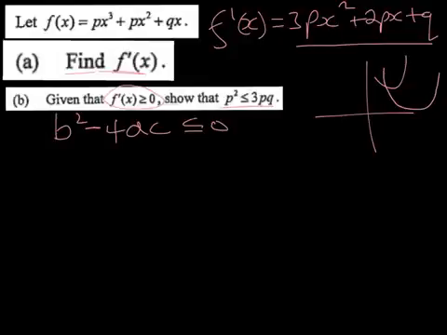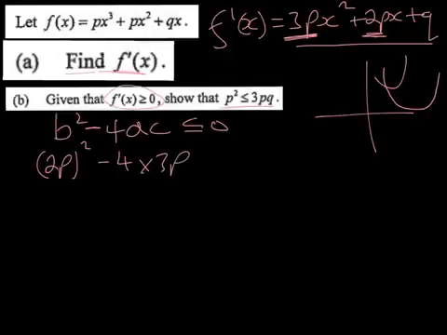And now we're going to look at b squared, so our component of b is going to be 2p, so I'm going to write 2p all squared, minus 4 times a, which is going to be 3p, and c is going to be q.